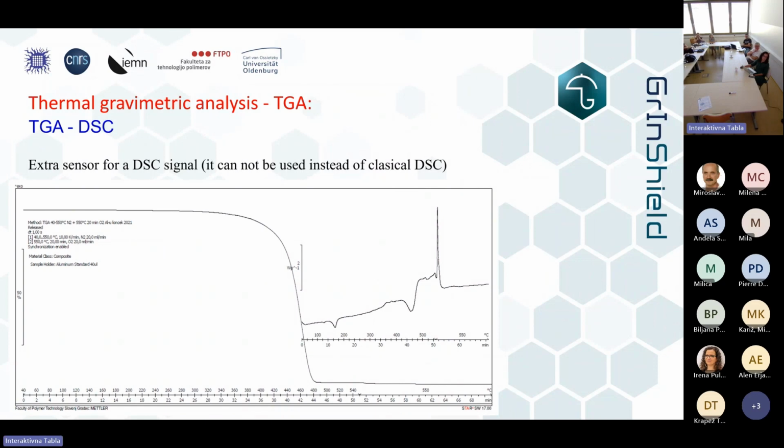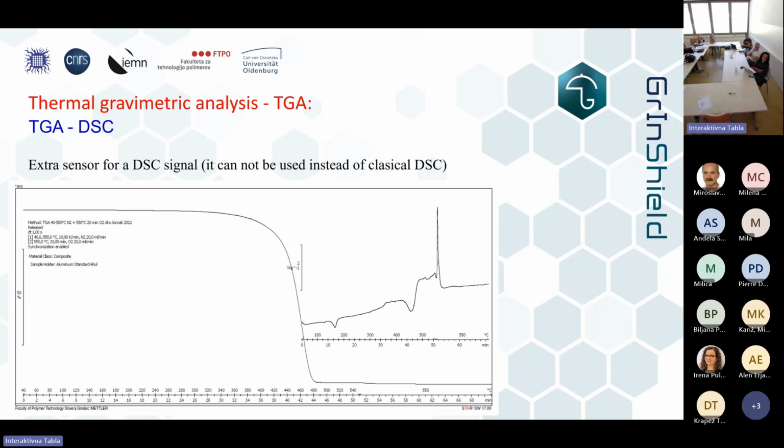Then TGA has also, not everyone has this, DSC sensors. So on one hand we follow weight loss, and on the other hand, we follow what is going on with the enthalpy. Is it exothermic, something that's going on, or endothermic? So here we see the melting and then degradation, oxidation at the end.